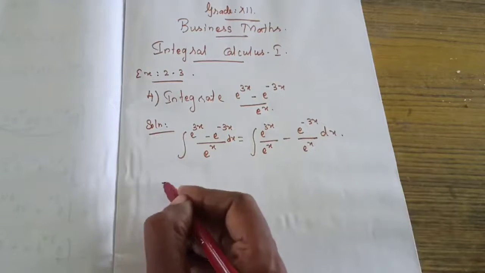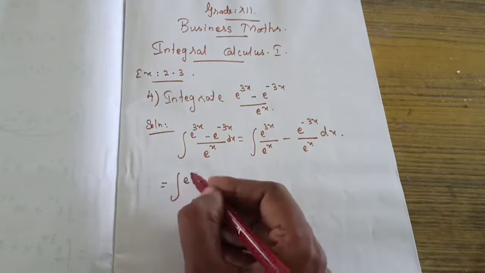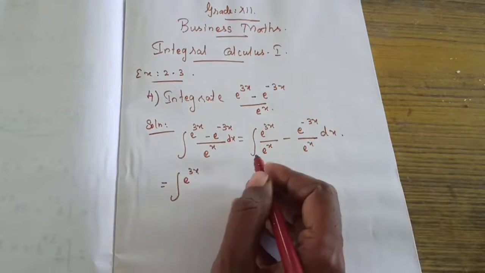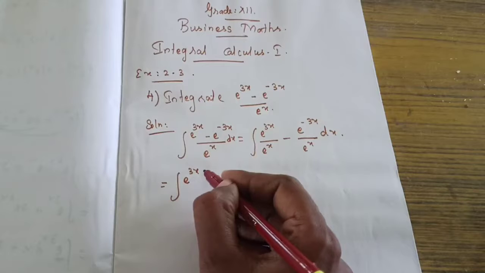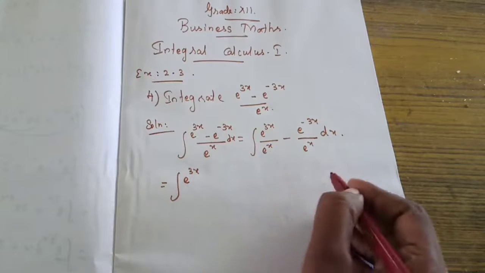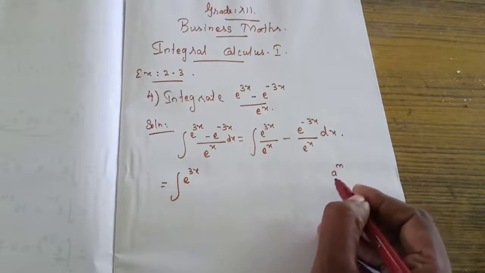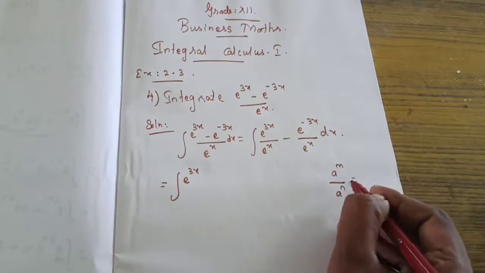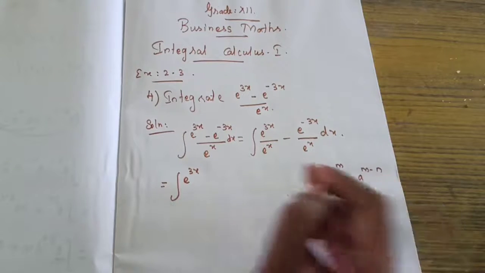Shall we bring the denominator term to the numerator? That is minus, is it right? So you have already learned one formula: a power m divided by a power n is equal to a power m minus n.